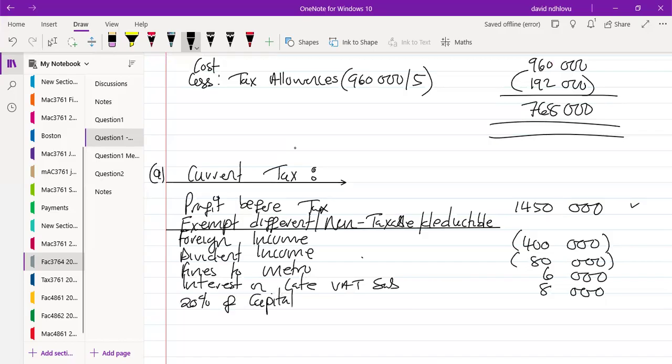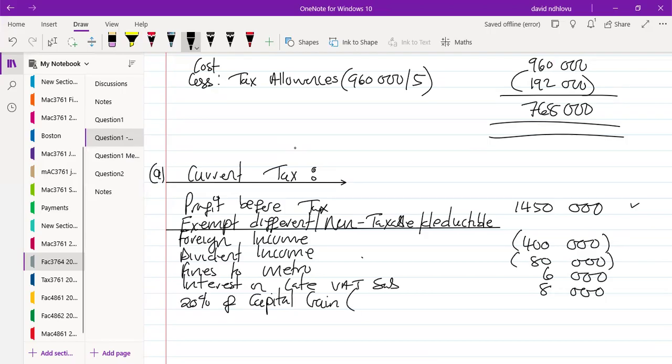A capital gain is the amount by which the proceeds on the sale of an asset exceed the original cost of the asset. Only 80% of that is taxable according to SARS.